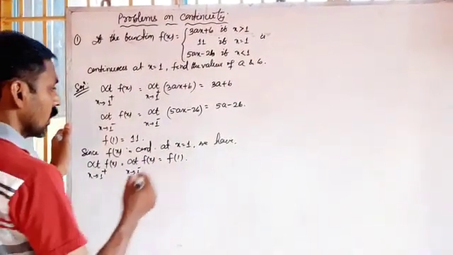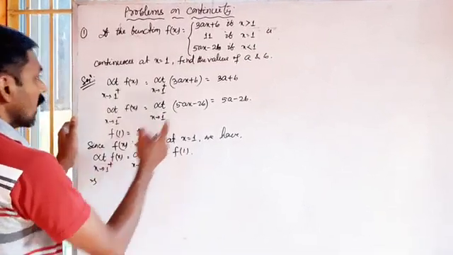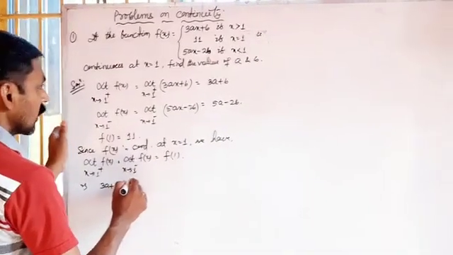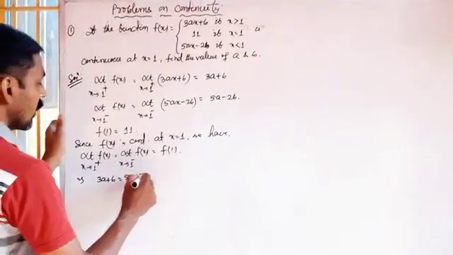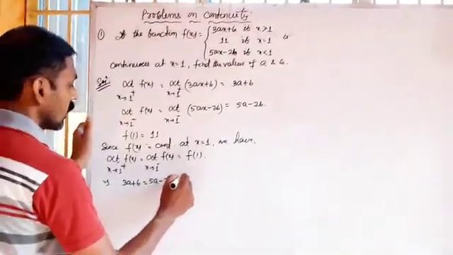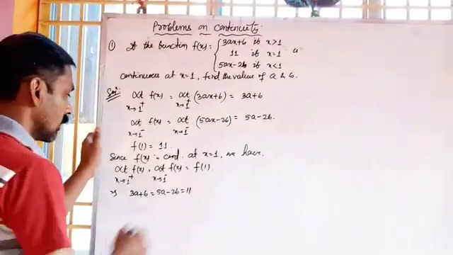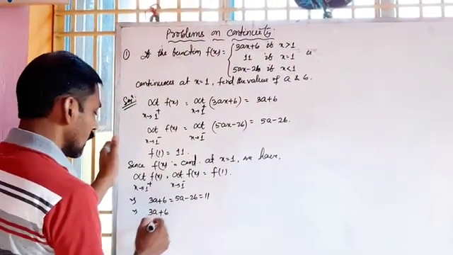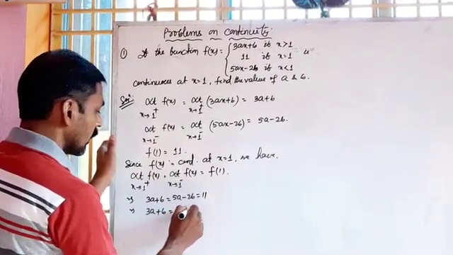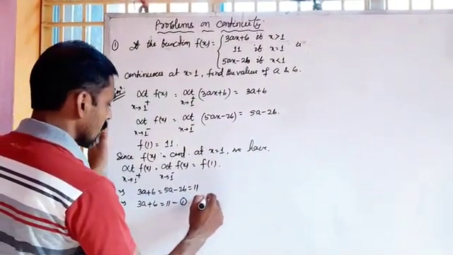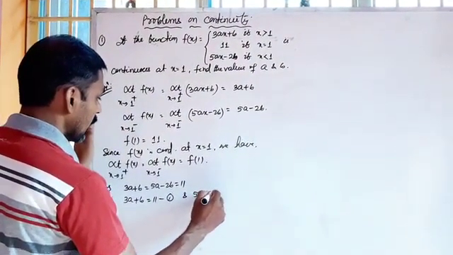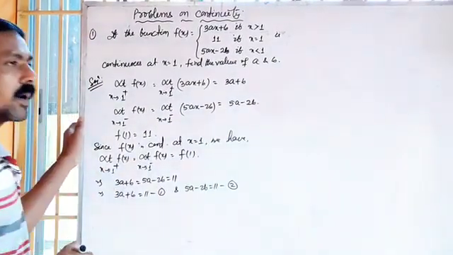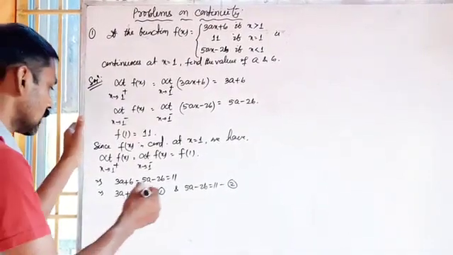These three should be equal. So this implies 3a plus b equal to 5a minus 2b must be equal to 11. That means 3a plus b is equal to 11. This is our first equation. And 5a minus 2b is also equal to 11. Now we will solve these two equations.